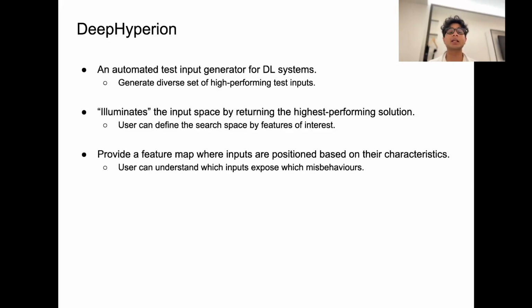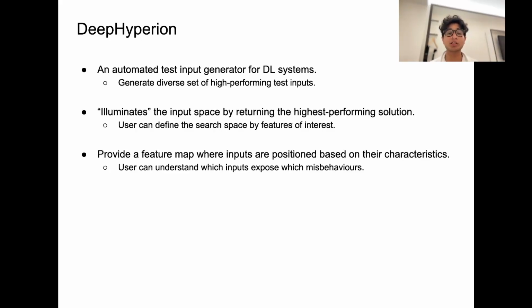Deep Hyperion is an automated test input generator for deep learning systems, and it generates a diverse set of high performing test inputs. High performing here means test inputs that can potentially cause errors within the systems, meaning these inputs can cause the system to misbehave, come close to misbehaving, or misclassify.